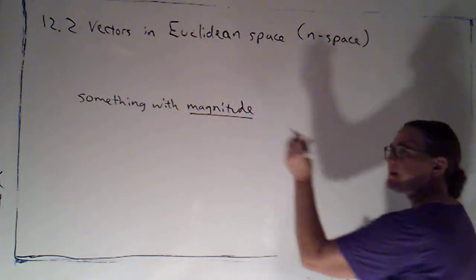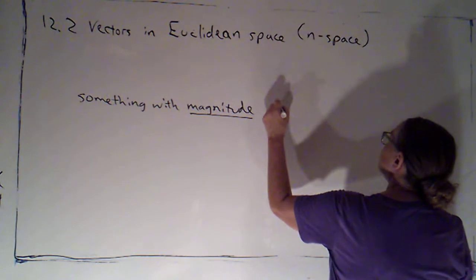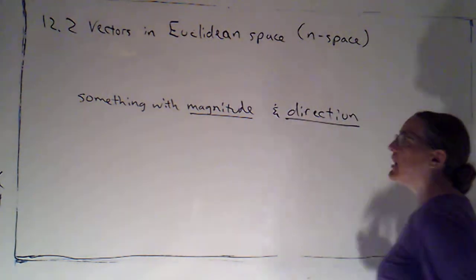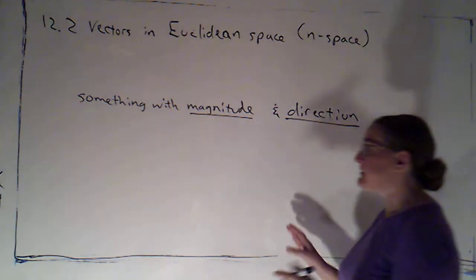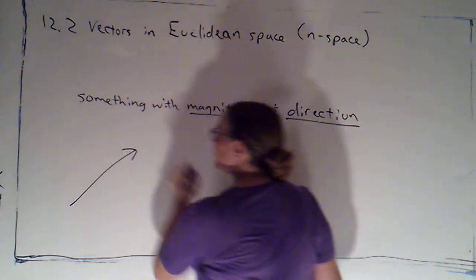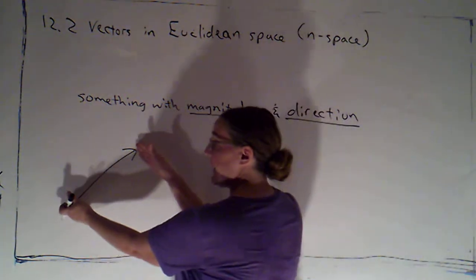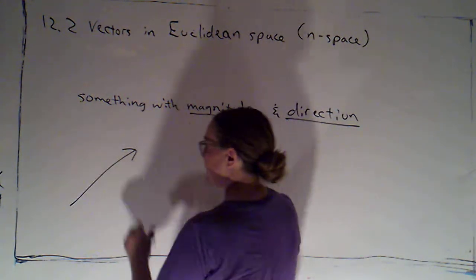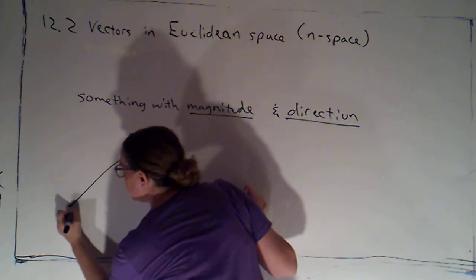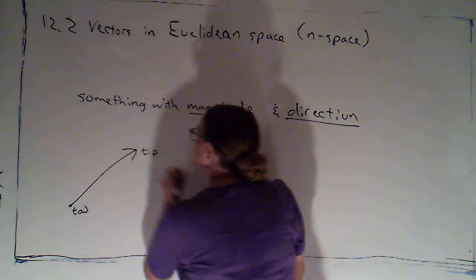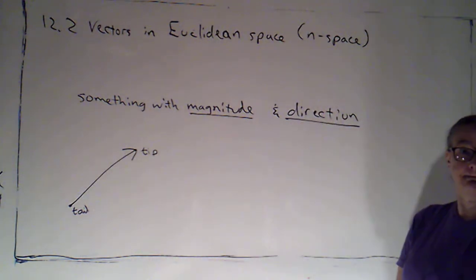Magnitude is sort of a fancy way of saying length, and then we've got direction. So we can represent these visually as just an arrow, because an arrow has a magnitude. That would be the length of the arrow. That's going to be the distance from this point, which we call the tail, to this point that we call the tip.